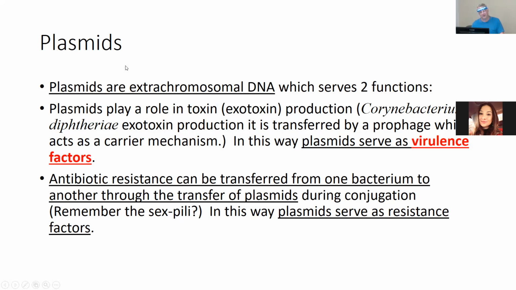The other thing that's really important that a plasmid does: antibiotic resistance is transferred from one bacterium to another through the transfer of the plasmid. Remember the sex pili that we talked about earlier? I said they could connect with a hollow bore, and that plasmid can be transferred over to the other bacterium, which takes it into its genetic material.